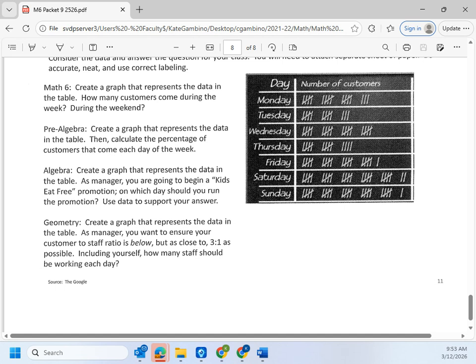Turn it in early. Don't just wait until Friday and turn it in and say, yeah, I have no idea. I guessed on some of these. Turn it in early so we can fix those mistakes. Learn from our mistakes. If you still have questions on any of these, make sure you come and ask me about it. Make sure you turn it in early so we can fix mistakes.